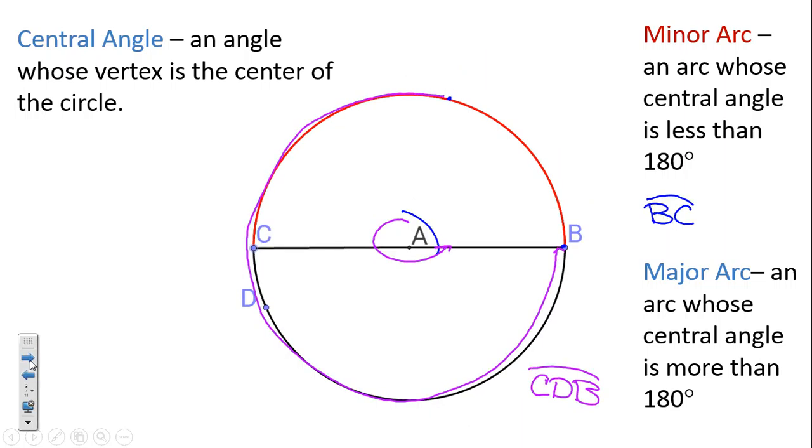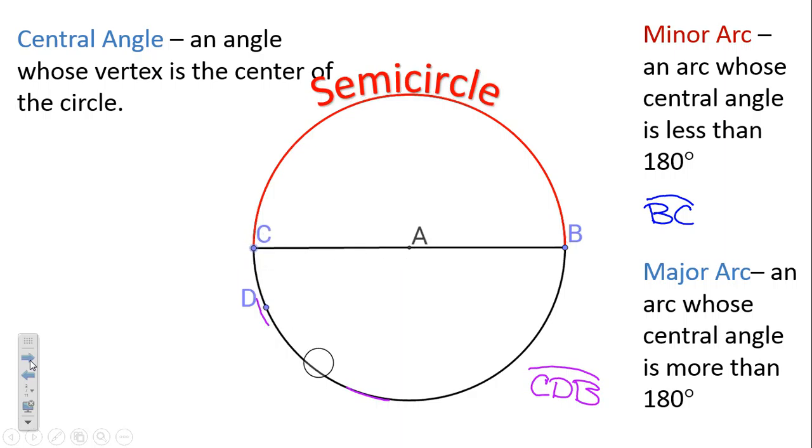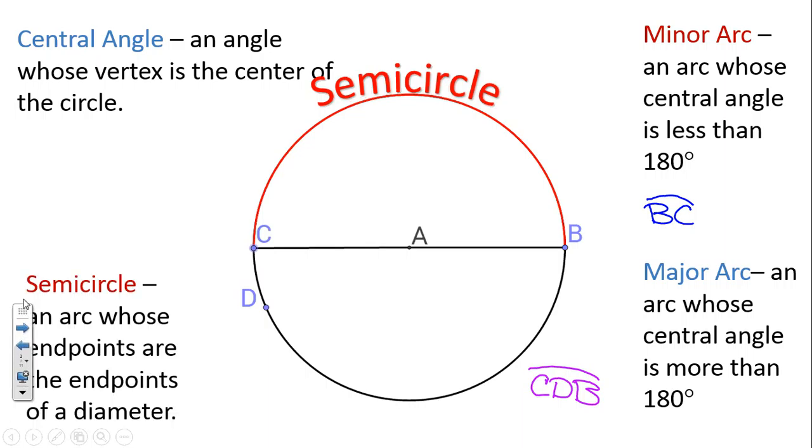So here is an arc with exactly 180 degrees for its central angle, and we call it a semicircle, because a semicircle is an arc whose endpoints are the endpoints of a diameter. The endpoints of a semicircle's arc are the endpoints of a diameter.